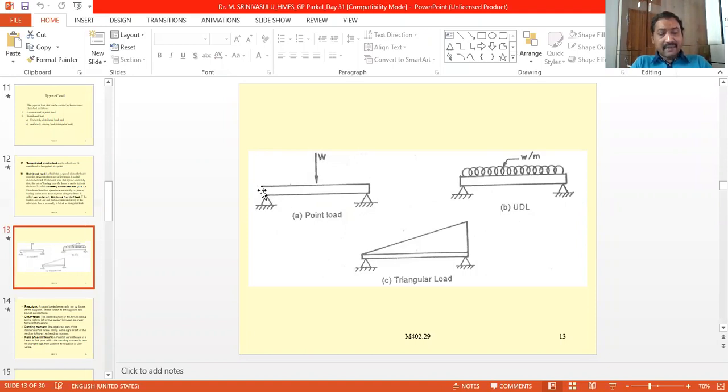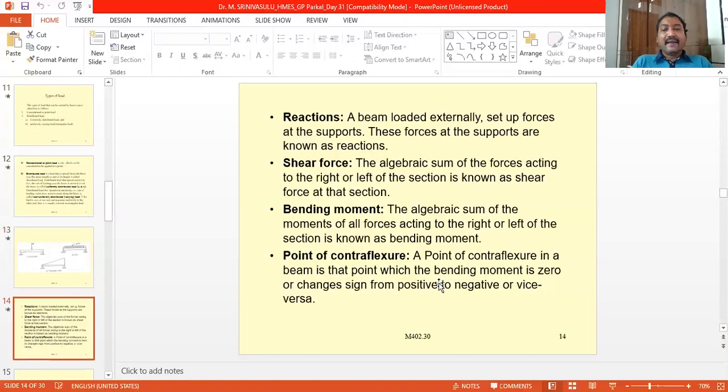Reaction is also a kind of force which is set up at the supports to withstand the externally applied loads on the beam.